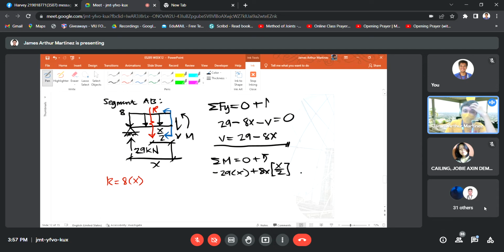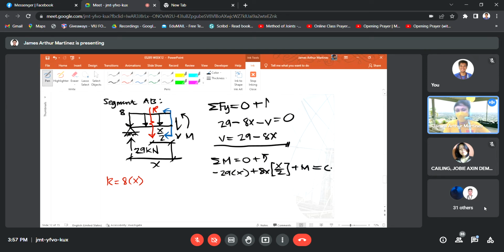And then, wala na. So sila lang ang i-consider sa atong moment. Then plus M, the internal moment at this segment. So, positive sign convention, since this is counterclockwise rotation nga direction, and we take positive ang counterclockwise nga rotation.